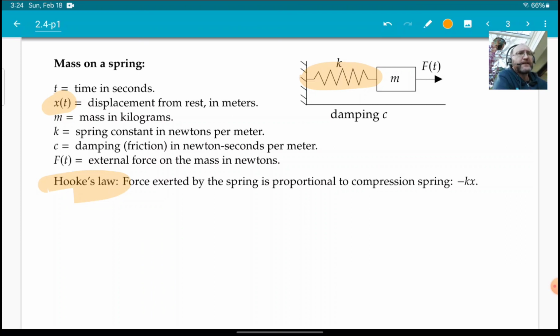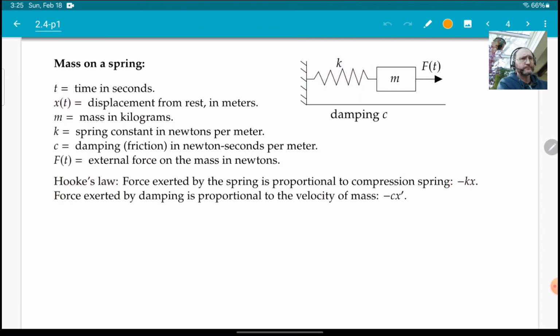And it goes in the negative direction from x. If x is positive, then it's pulling in the negative direction, and the x is really how far you've pulled it, or maybe if x is negative, how far you've compressed it into the wall, right? So that's the force from Hooke's law.